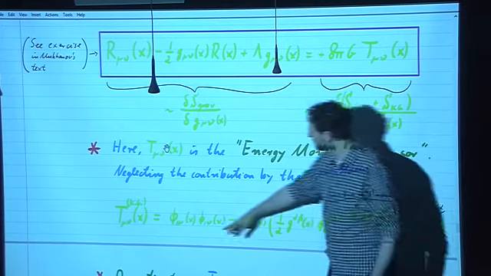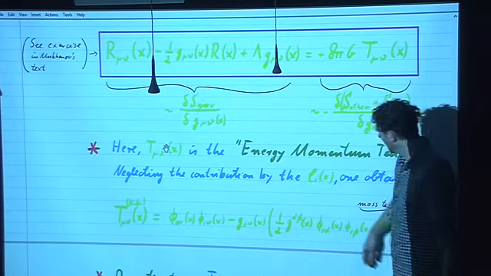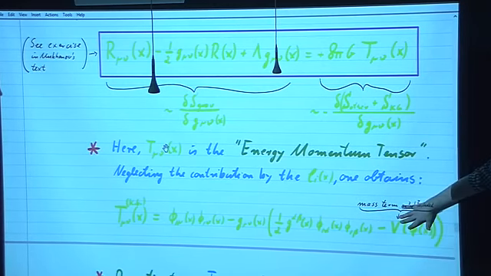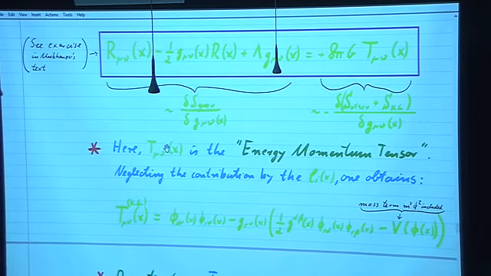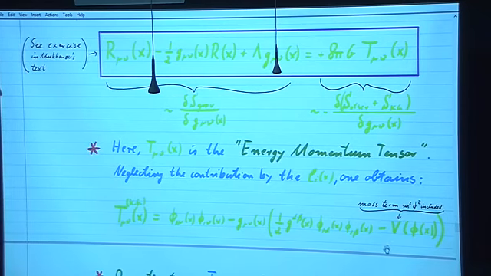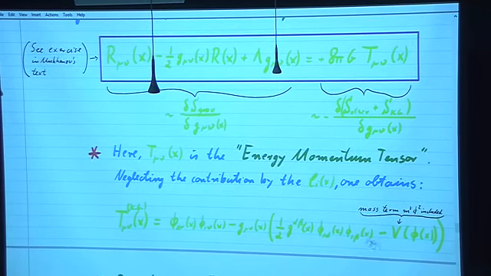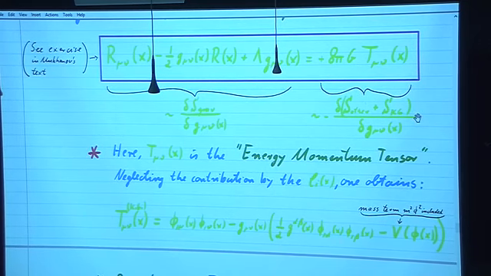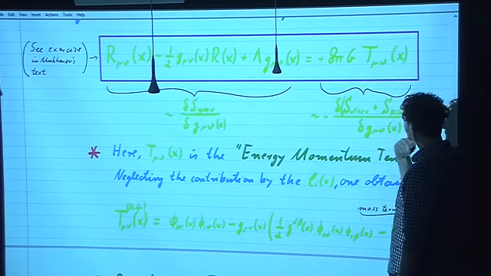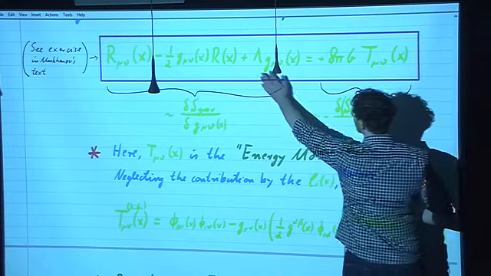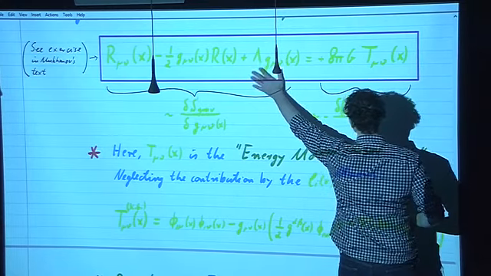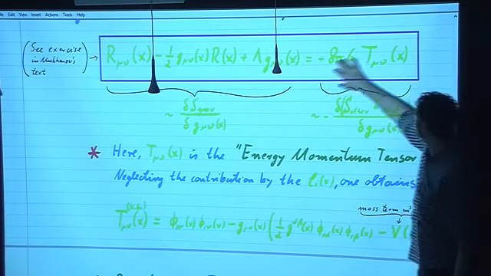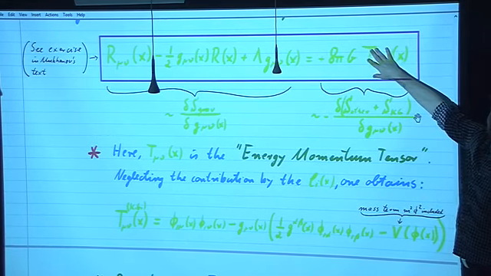Notice that there are first derivatives, but in a different index structure, and the potential. And what will become very important later on for cosmic inflation is the fact that when you put the cosmological constant here on the right-hand side, then it will contribute a diagonal term to the energy momentum tensor.